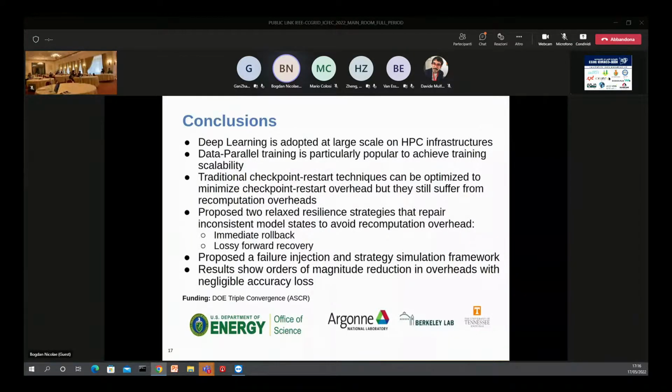Instead, we propose relaxed resilience strategies that introduce a minimal accuracy loss, but reduce these overheads by orders of magnitude. We have a failure injection and simulation framework for these two strategies, and we plan moving forward to actually provide an implementation for them and adapt it to our applications in our lab. So thank you very much.